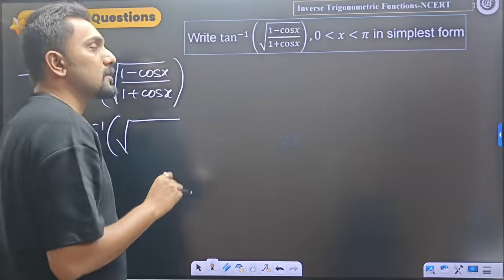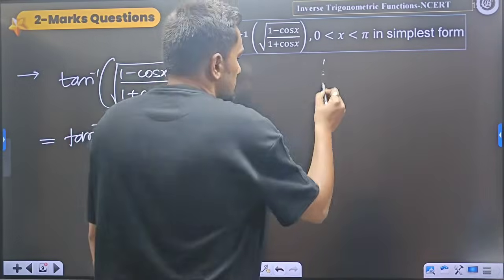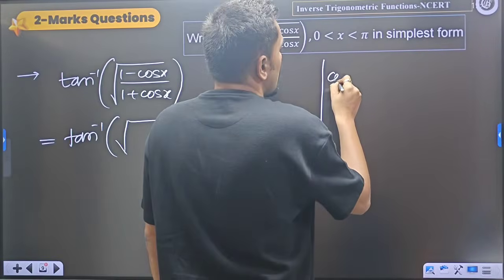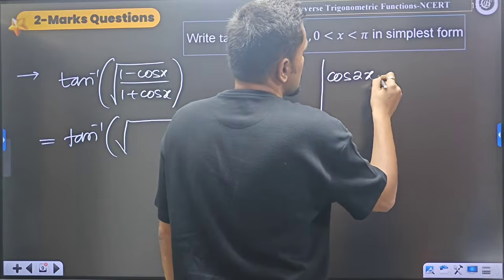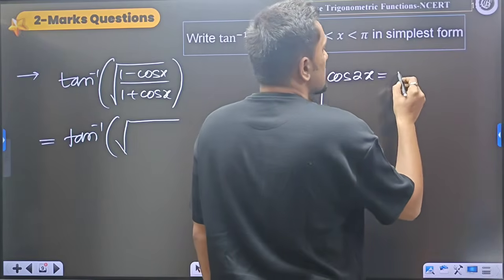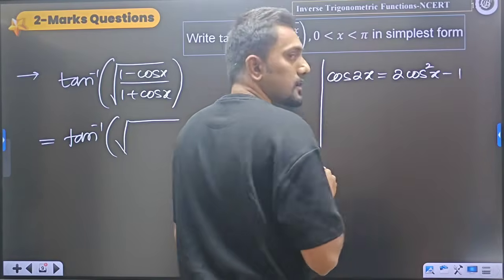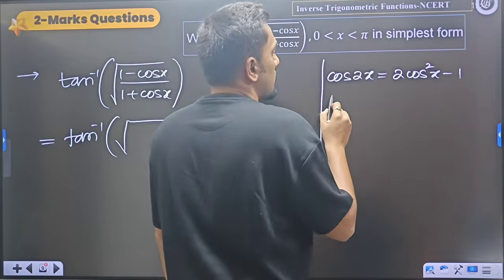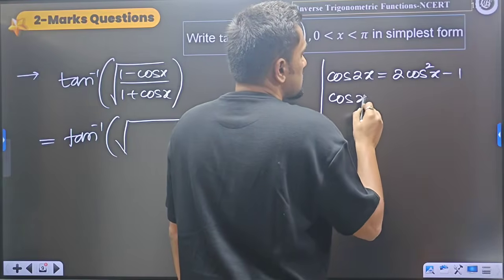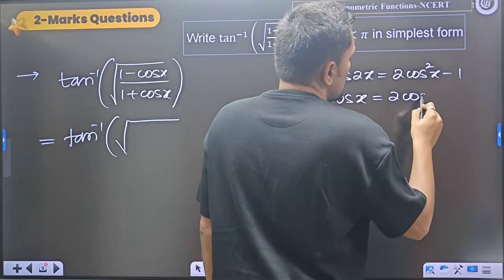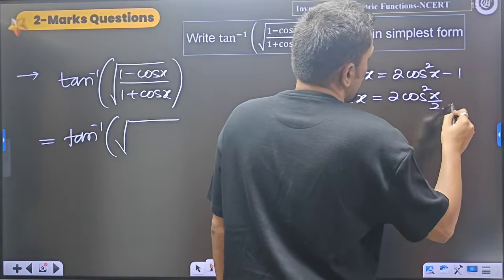So, where does this 1 minus cos x come from? We have cos 2x equals 2 cos square x minus 1, right? If you take the half angle formula, this becomes cos x equals 2 cos square x by 2 minus 1.